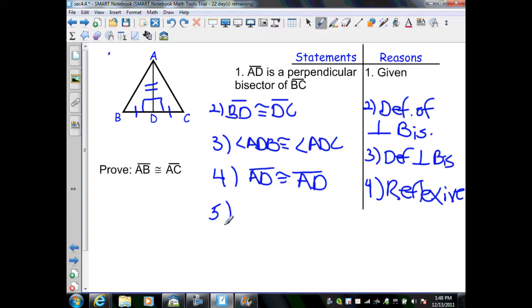That will generate congruent triangles. Setting up the correct correspondency, I'm going to start with A going to the right angle. So triangle ADB is congruent to triangle, again starting with A going to the right angle, ADC. And that is true because of side, angle, side.